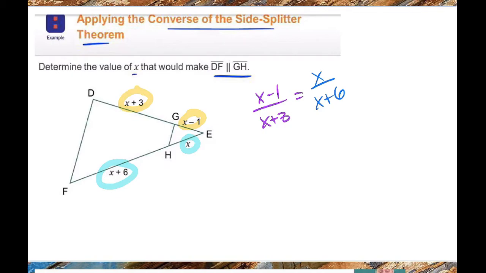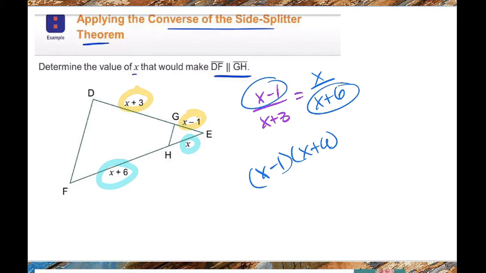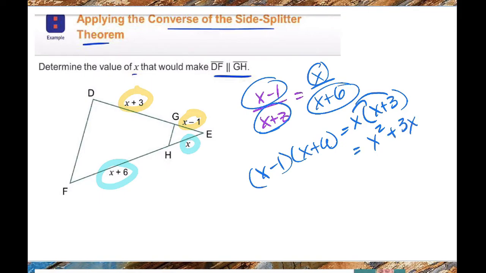Cross multiplying here, X minus 1 times X plus 6 equals X times X plus 3. So in our solving, we're going to have to do some distribution. Distributing on the right is pretty easy. X times X is X squared, 3 times X, 3X. But on the left side, we have to do double distribution.